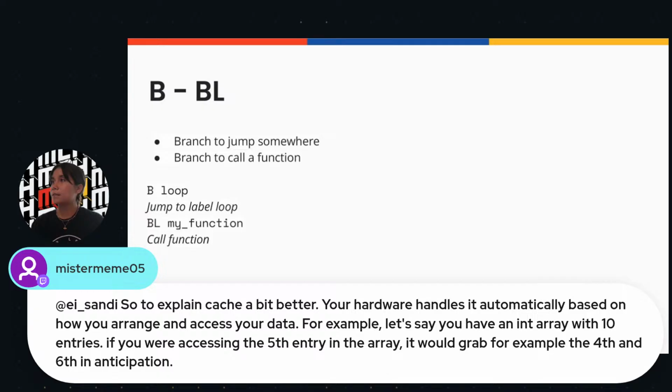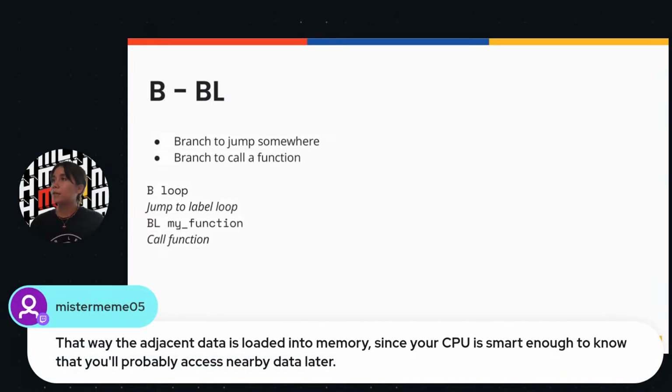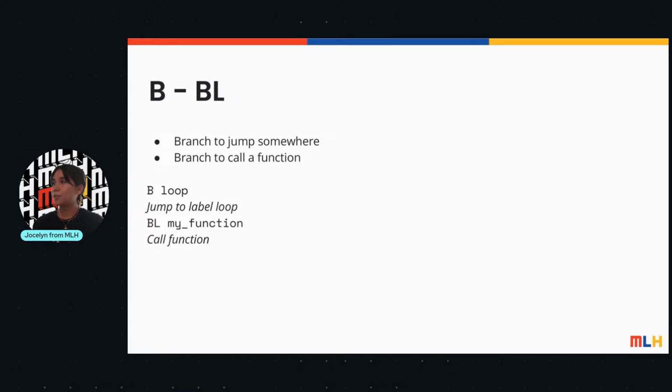If you were accessing the fifth entry in the array, it will grab, for example, the fourth and sixth in anticipation. That way, the data is loaded into memory since your CPU is smart enough to know that you'll probably access nearby data later. All right, thanks for the clear explanation, and I hope that was clear for the people that were asking.